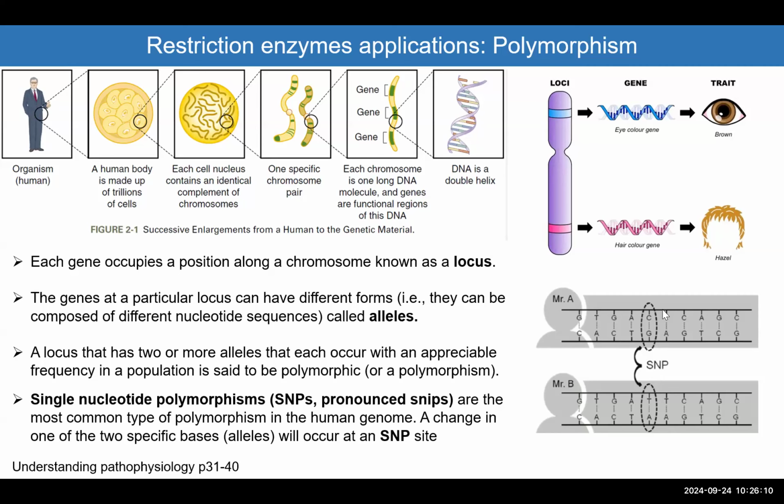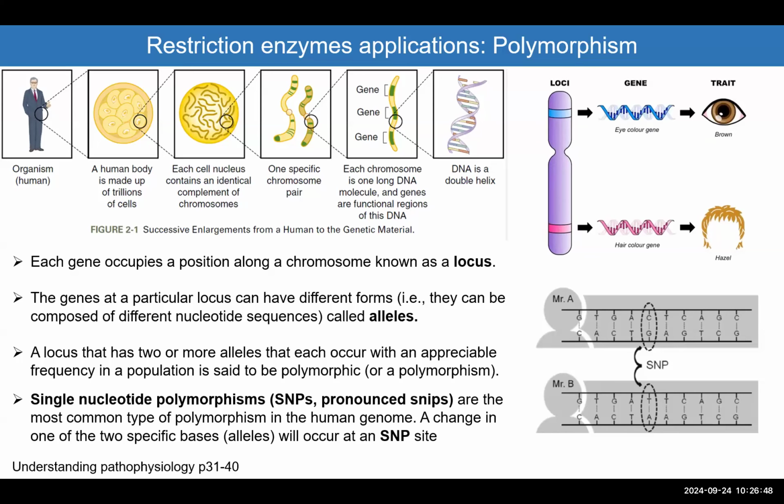So you can imagine if you are changing a C into a T, then automatically the complementary for the C is going to be G, and the complementary for the T is going to be A. So you already created a difference in the RNA that will be transcribed from this DNA sequence. So Mr. A is going to be transcribing a sequence that is different from Mr. B. And therefore, the SNPs can dictate different genes into different alleles.